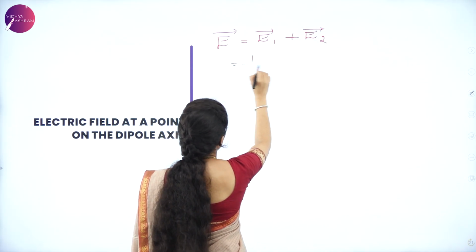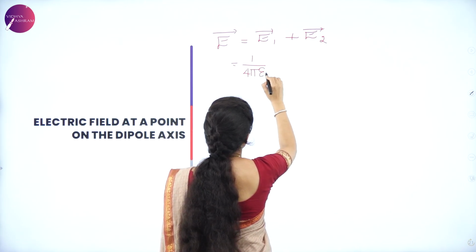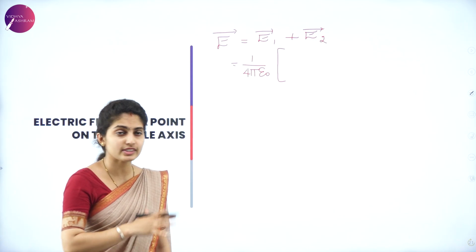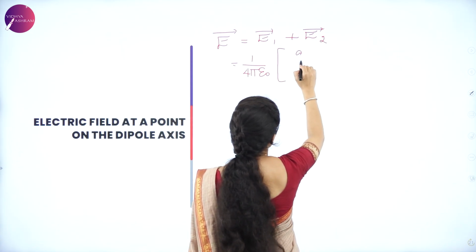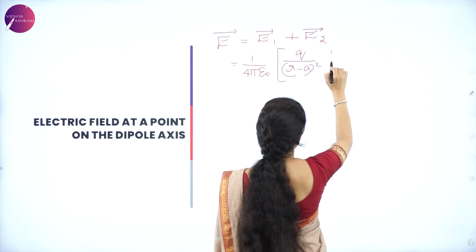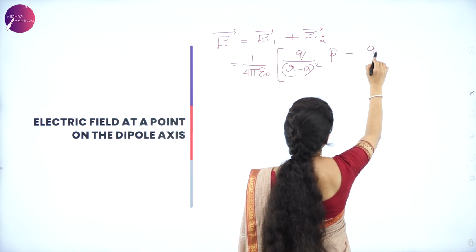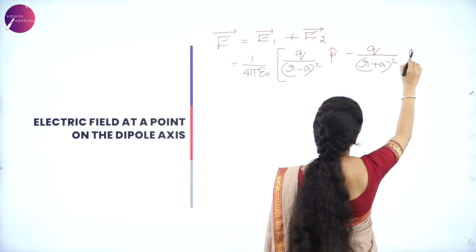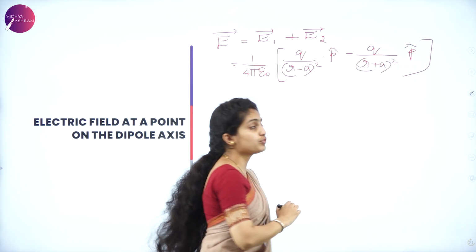Taking 1 by 4 pi epsilon naught outside, what remains is Q divided by R minus A the whole square into P cap, minus Q divided by R plus A the whole square into P cap. So this is how it goes.